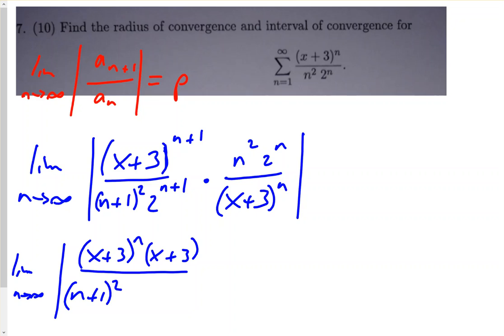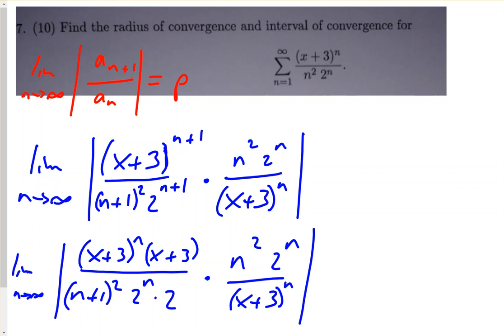And then for 2 to the n plus 1, we could split that up and say 2 to the n times 2, times the reciprocal of our original a sub n. Now some things will cancel, right? The x plus 3 to the n cancels, and 2 to the n cancels with 2 to the n.